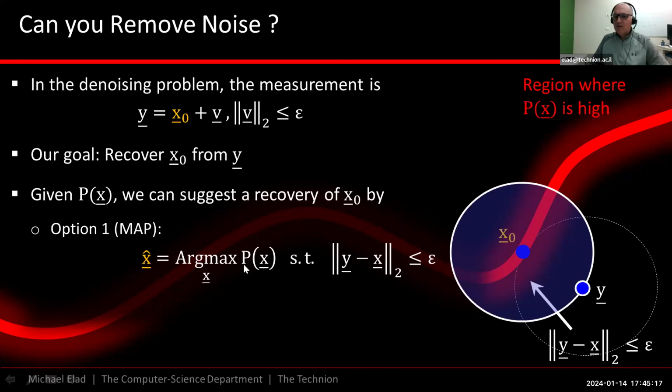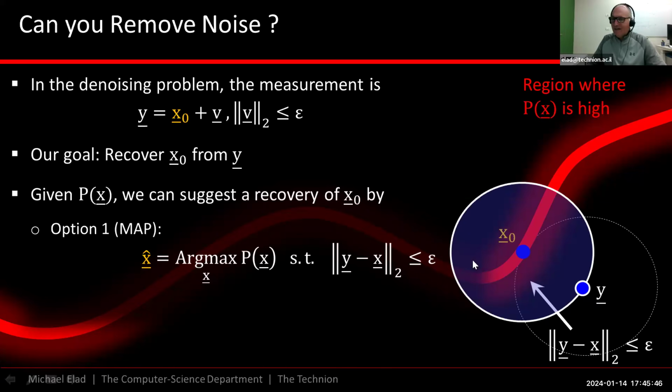I will go and search for the point X that has the maximal probability within this sphere. And when I finish, I end up with a vector X0 that is very close to the X0 that I started with. Okay, this is known as the MAP estimation, maximizing the probability of the points within the sphere that is epsilon away from Y. I'm using P of X, just as expected, and I'm capable of cleaning up the noise.